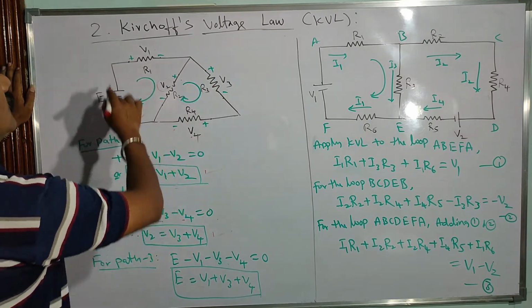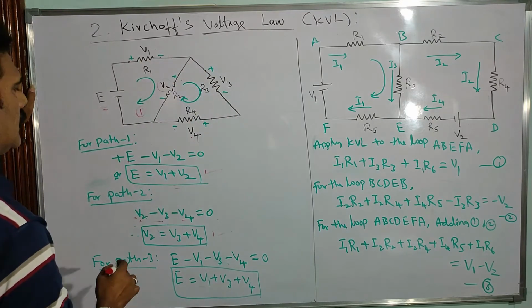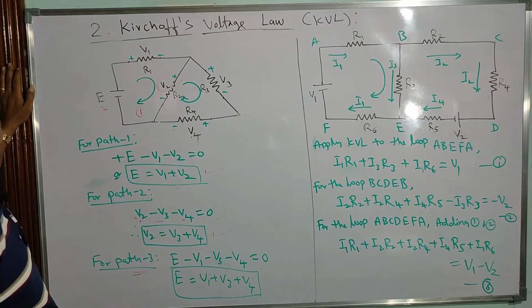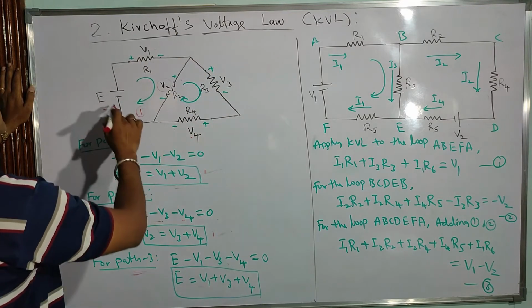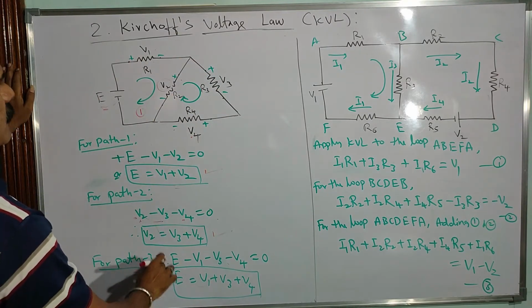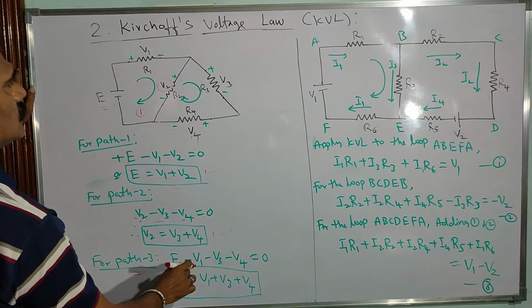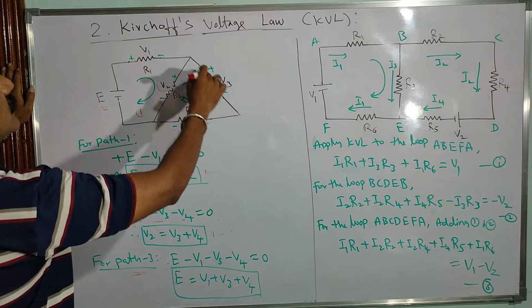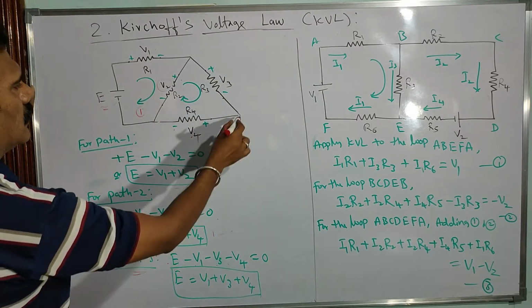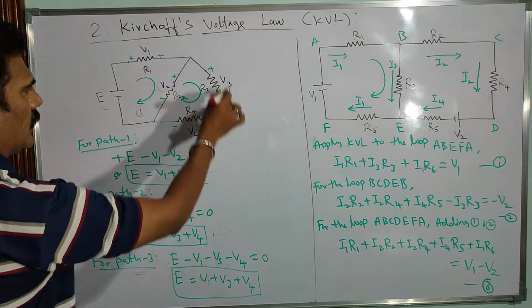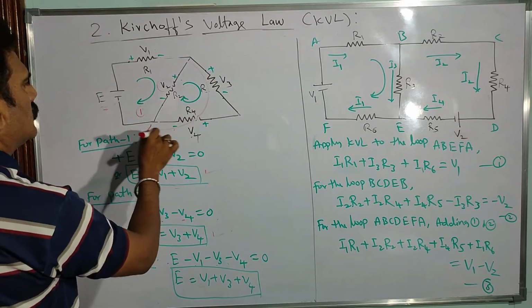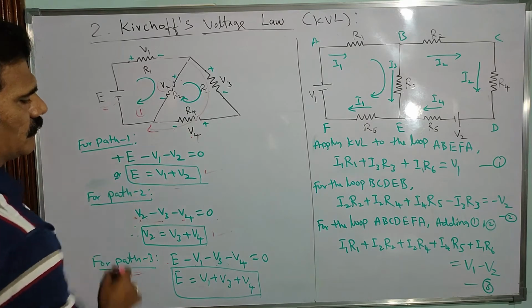For this outer path, path 3, how do you apply Kirchhoff's voltage law? In that loop we come across the source EMF E, and then minus V1 as usual, then positive to negative, so minus V3, and in this direction minus V4.